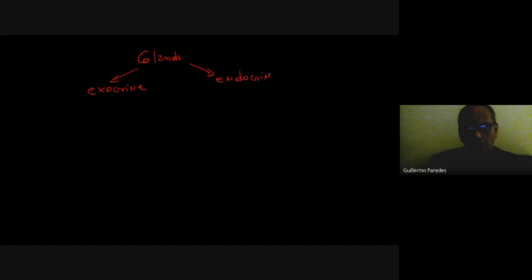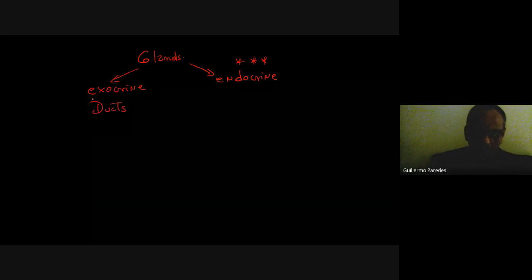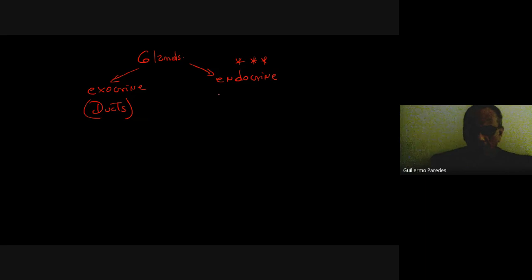Our topic today, as you can tell, is the endocrine glands. Talking about the exocrine glands, just to make it brief, all these glands have a duct or ducts. And endocrine glands are ductless. There are no ducts.